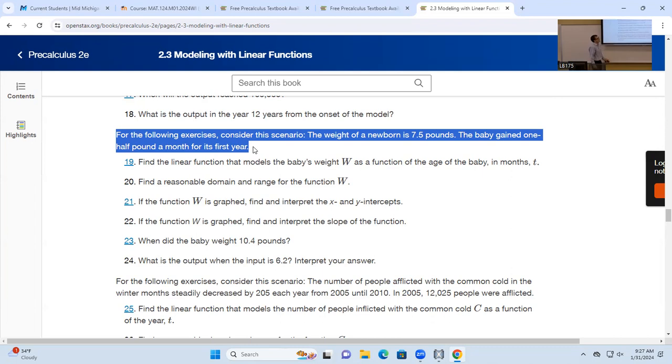The weight of a newborn is 7.5 pounds. The baby gained 1/2 pound a month for its first year.